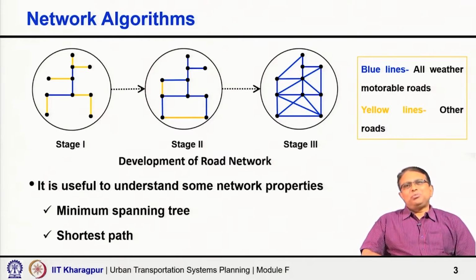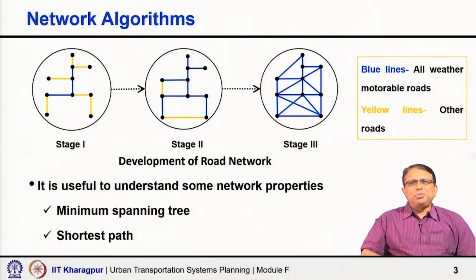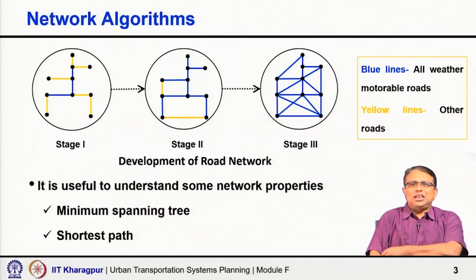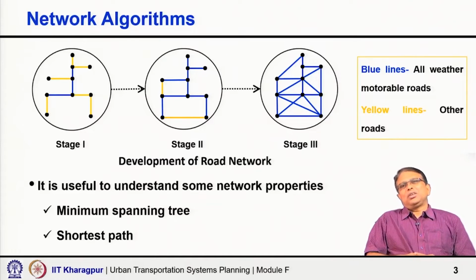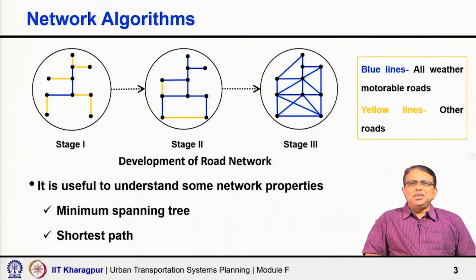Now, before I proceed further, let me spend a few minutes to give you an understanding of how the network develops. Think of a small settlement, not even a town, mostly rural, where you have one or two major motorable roads passing through the area, and the remaining roads are not all-weather or motorable roads.